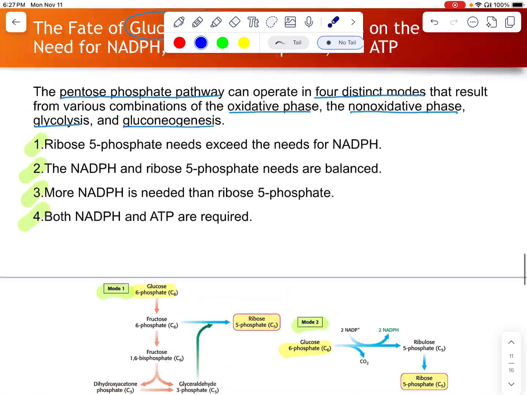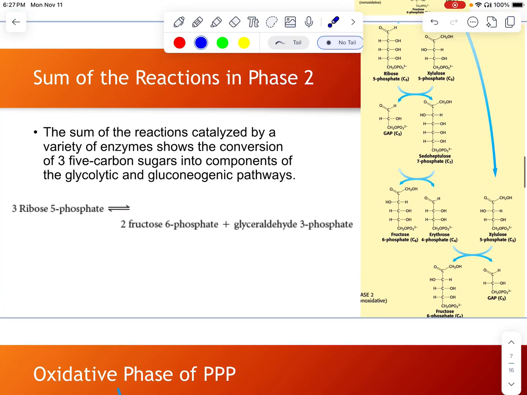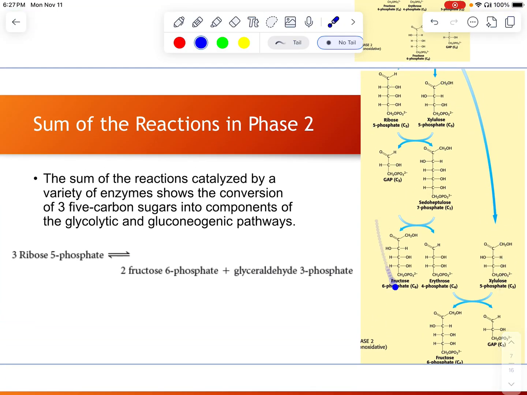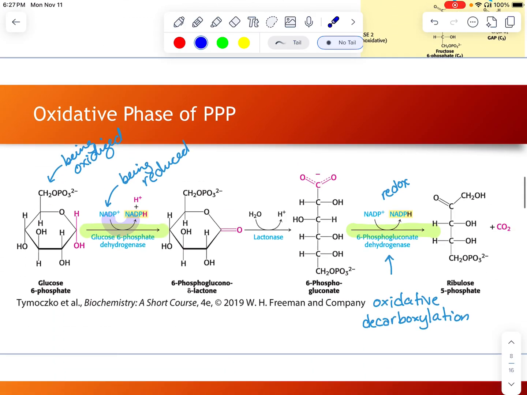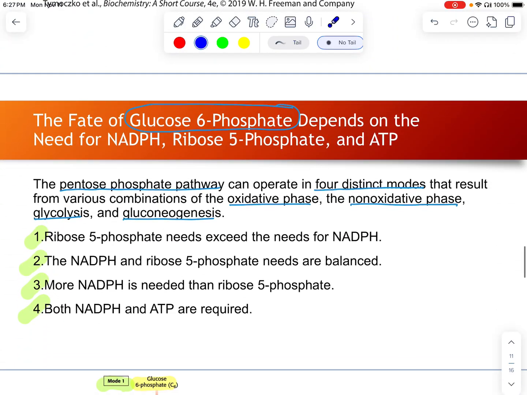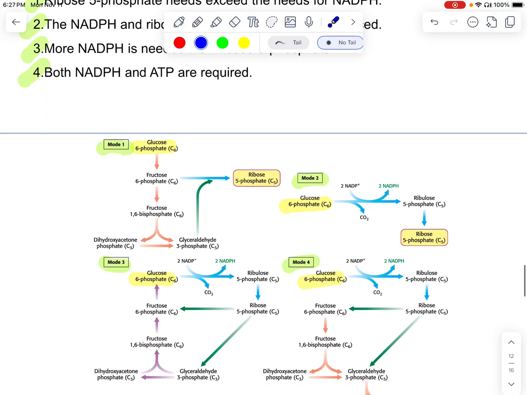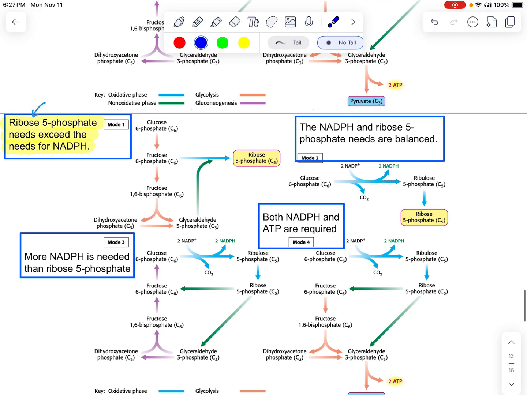Okay, I'm going to scroll for a second so we can go back and look at that. So lots and lots and lots of different enzymes that interconvert through all of these things. The reactions are reversible. They can go in both directions. And so in this case, we don't want to drop our glucose 6-phosphate into that PPP oxidative phase. That was to get the NADPH, and we don't need a lot of that.